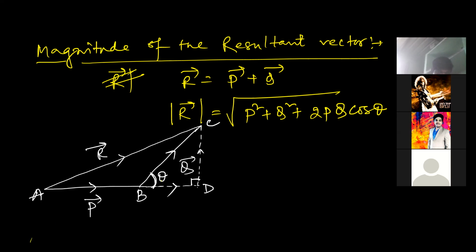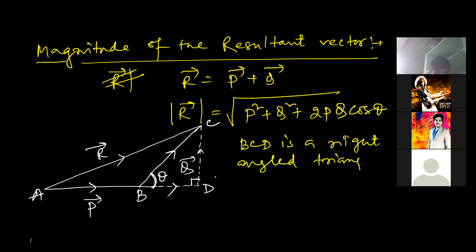I'm explaining again. There is a triangle BCD. Here I can say BCD is a right angled triangle. In this triangle, angle D is equal to 90 degrees. Angle CBD is equal to theta. So what can I say?